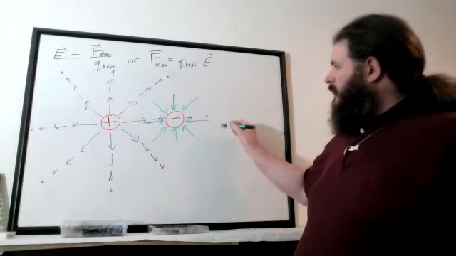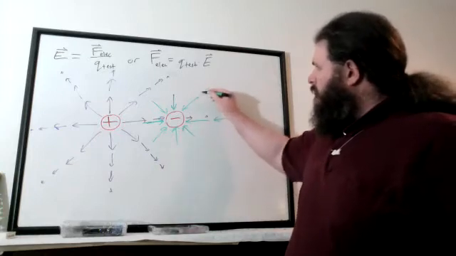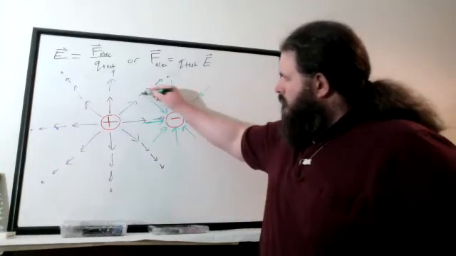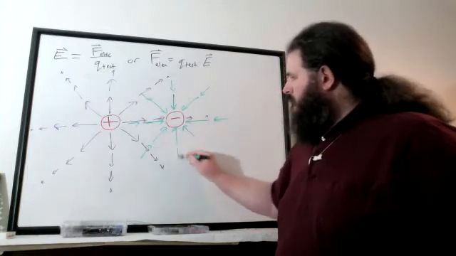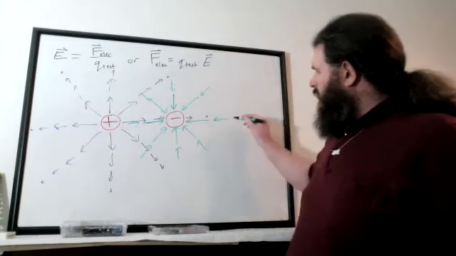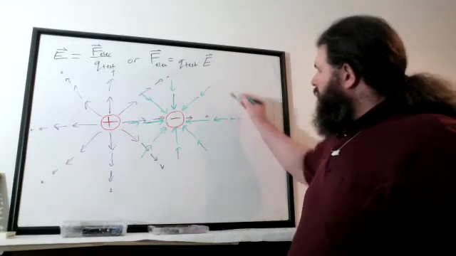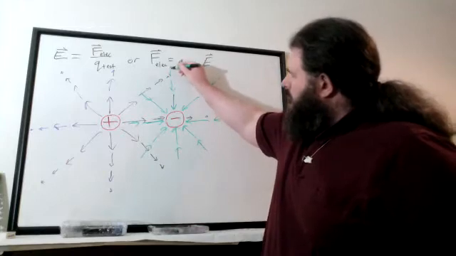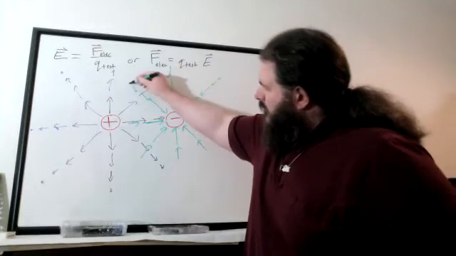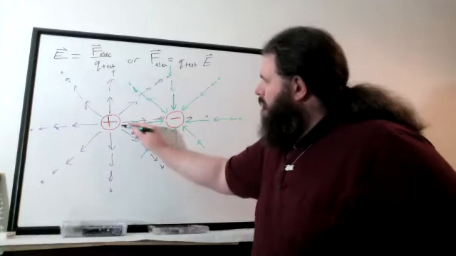And then as we get further out, it's going to be weaker, and then if we get even further out, that'll be weaker still. And weaker the further out you get.